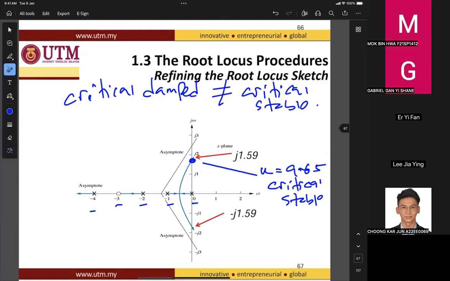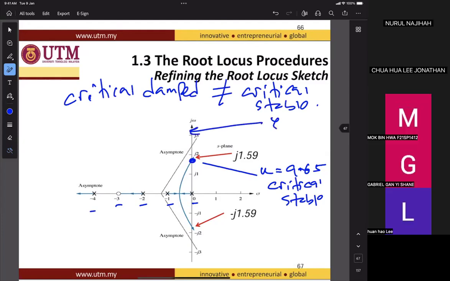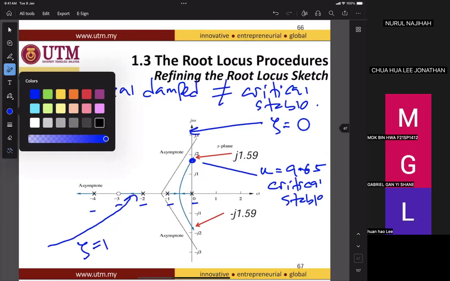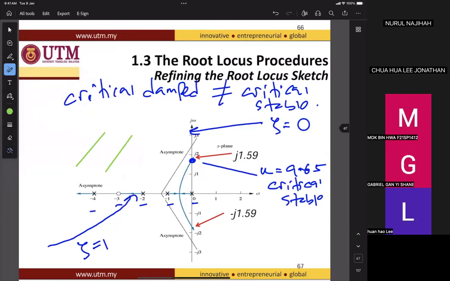Okay. So when the root locus is at the imaginary axis, the zeta is 0. When the root locus is at the real axis, the zeta is equal to 1. And this part of the quadrant, the green quadrant, is between 0 and 1.